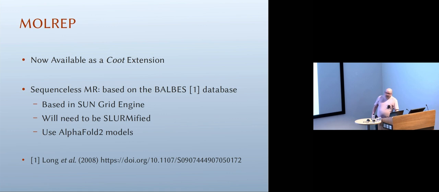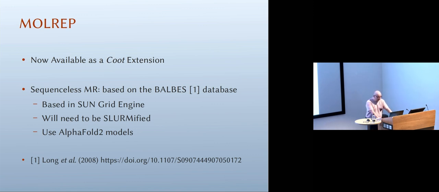So the extraction of a fragment from the map is now built as a Coot extension, and it runs in 5 or 10 seconds, something like that, depending on the size of your domain. But something like 20 or 30 angstrom radius is about 10 seconds. The sequenceless molecular replacement tool that was written up by Alan has undergone bit rot, and now no longer works on our computers.